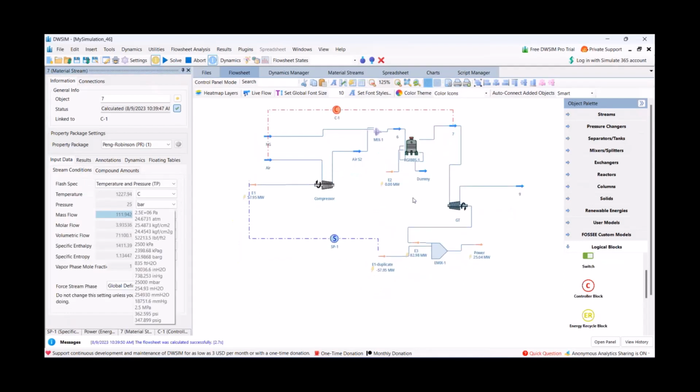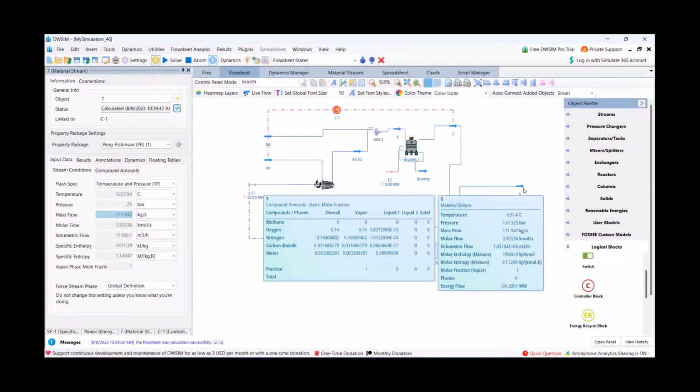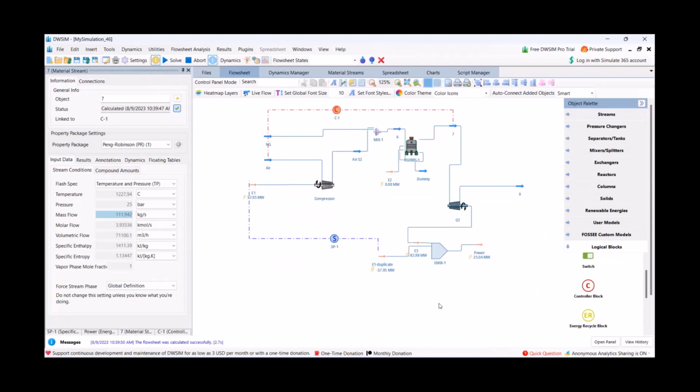So you can play with it accordingly, and if you want me to do some other changes, I can suggest in later videos. And exhaust temperature is 631 degrees centigrade, which should be utilized for heat recovery, for example, steam generation, which I will also model in later videos, continuing this model.